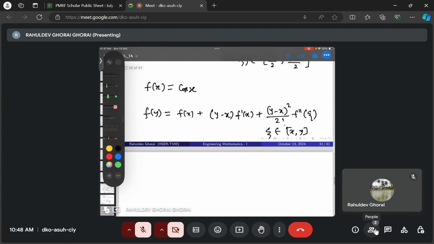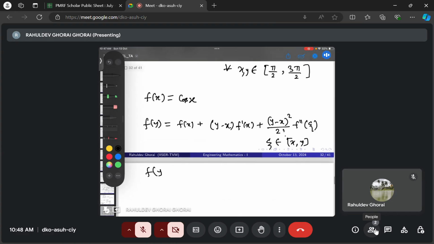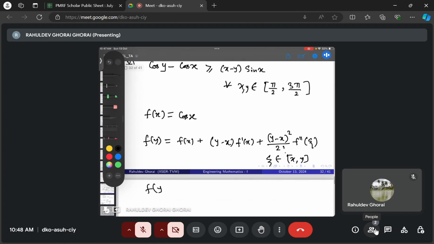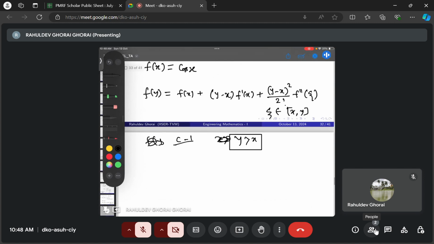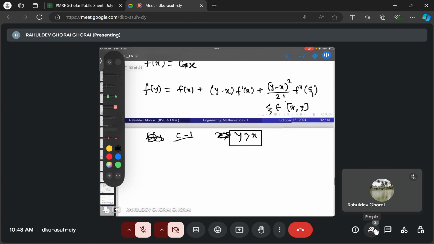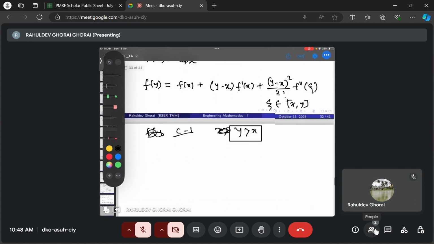Okay, so now I'm assuming case 1: y is greater than x. Then this xi belongs to x comma y, that is valid.